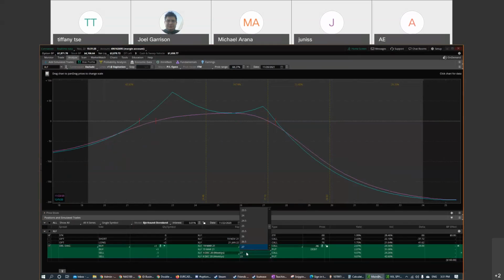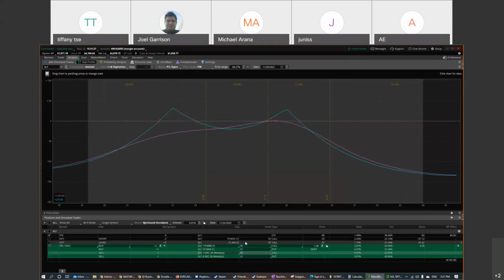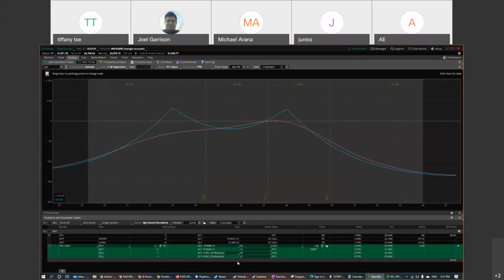So 28, 28.23 XLF. So the front month for the 28 would be shorted. Basically you're going to be collecting December 4th premiums.